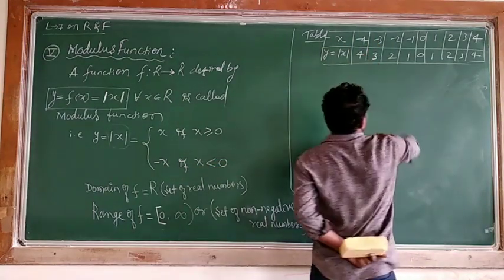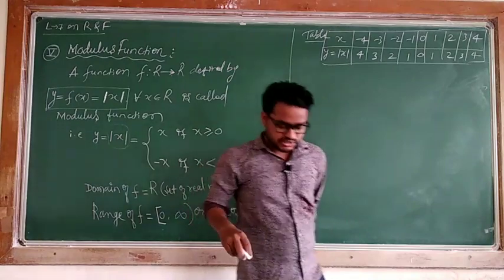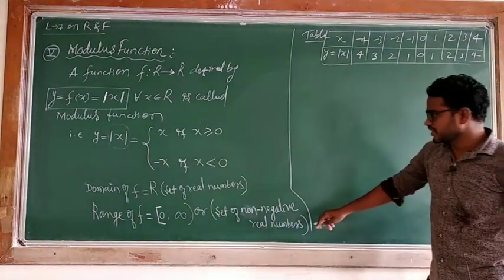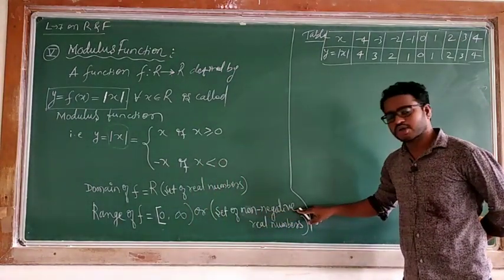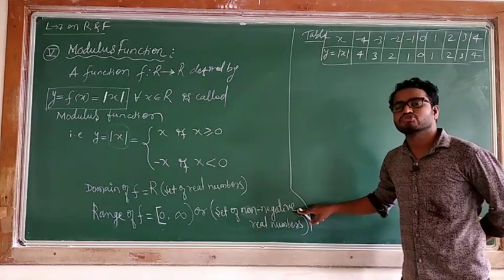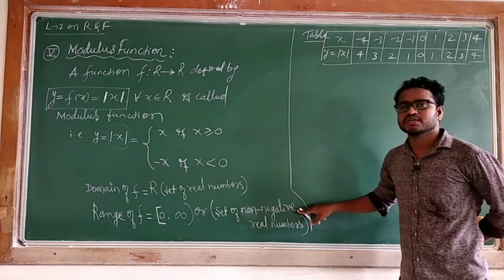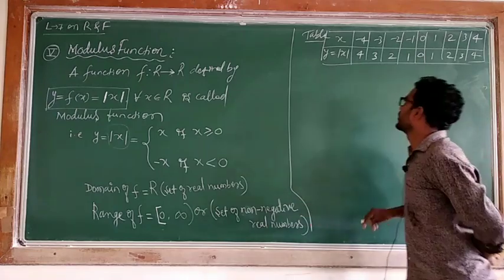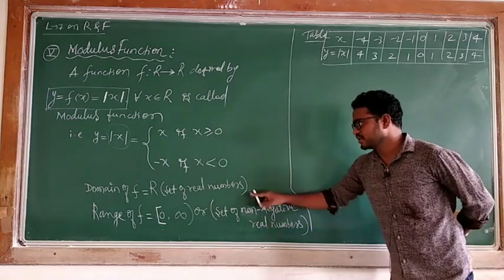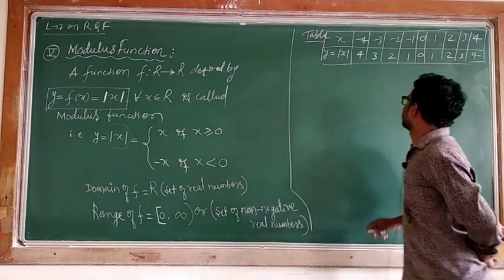You will get only positive because it is a positive real number, or you can say non-negative. Non-negative means negative should not be there. It may be 0 or only positive value. Y value is always the range, x value is always the domain.